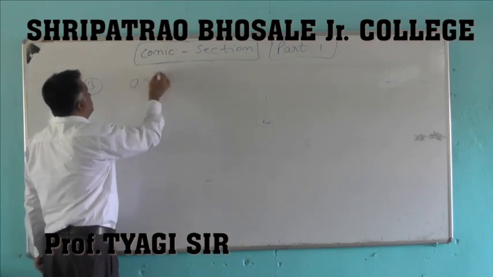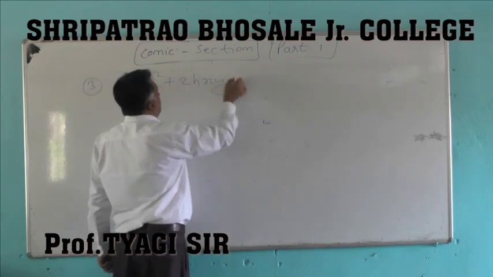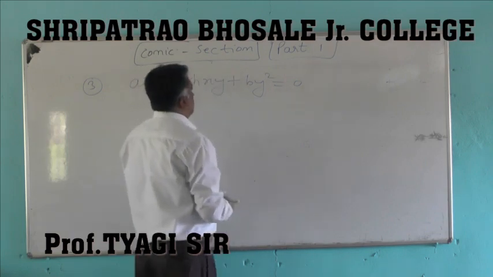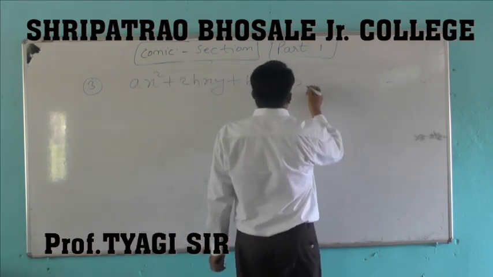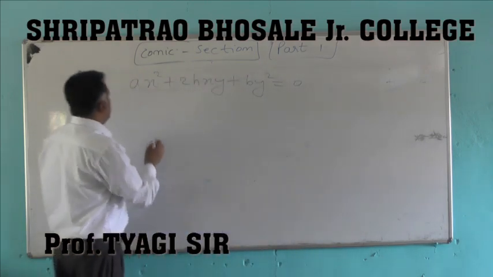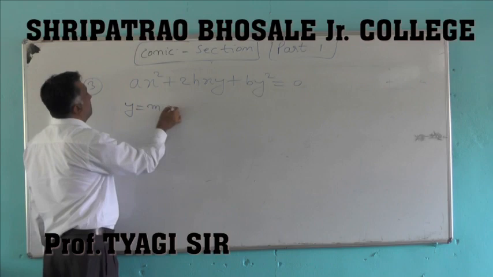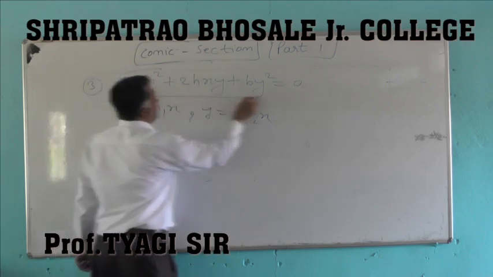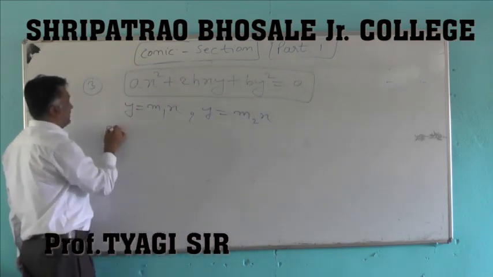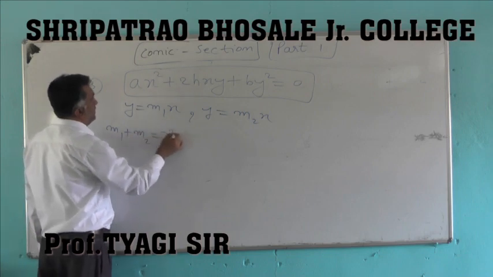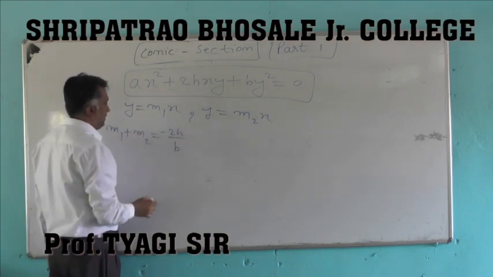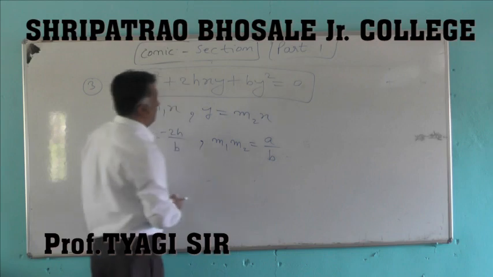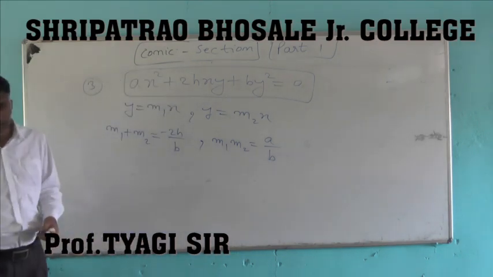We know very well that ax square plus 2hxy plus by square equal to 0 is constituted by two lines, and we got from here m1 plus m2 equal to minus 2h upon b and m1 m2 equal to a upon b. My dear students, it is a very important result for us.